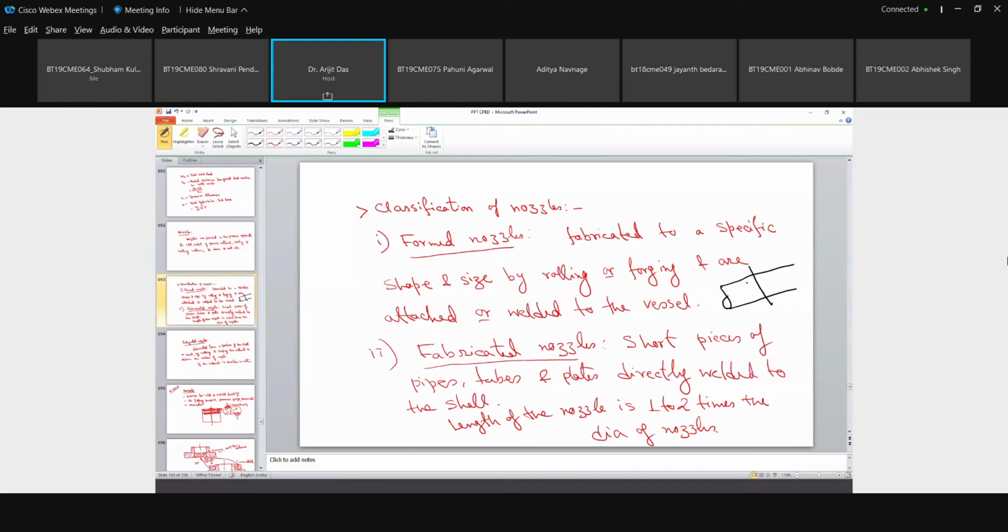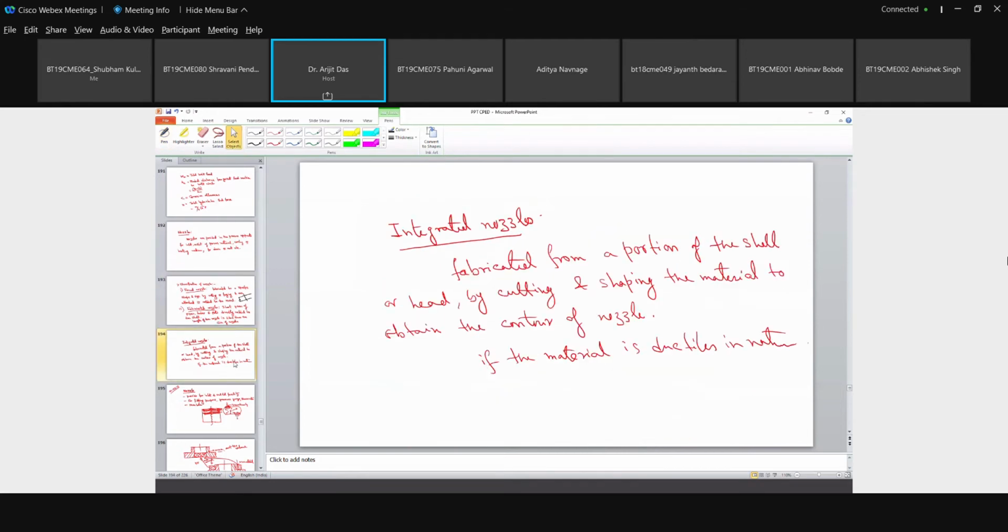So that is fabricated. Another is if we make the nozzles from the equipment's material only, means fabricated from a portion of the shell or head, by cutting or shaping the material into the nozzle shape.